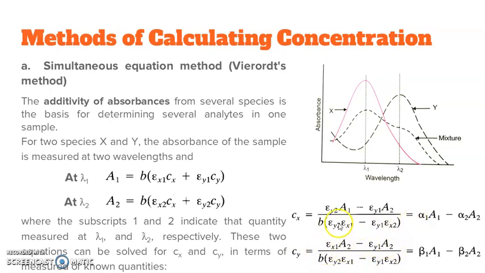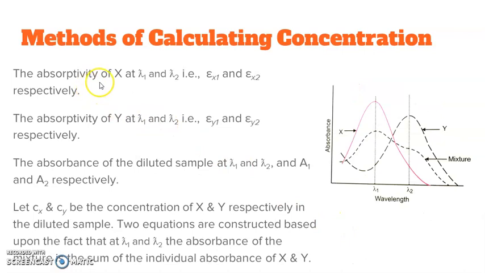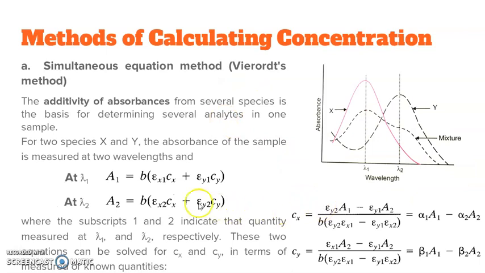Let me go to the next slide. The absorptivity of X at lambda 1 and lambda 2 is epsilon x1 and epsilon x2. So we have two different things here, epsilon x1 and epsilon x2. It is the absorptivity of X at two different wavelengths, that is lambda 1 and lambda 2.